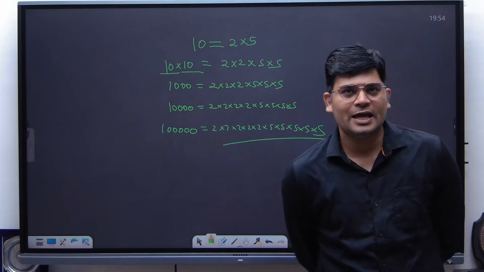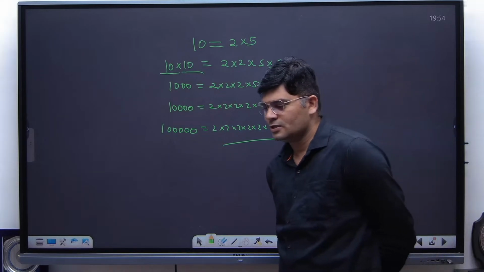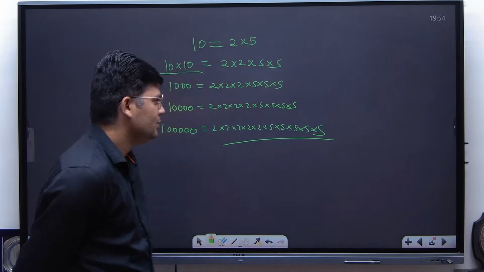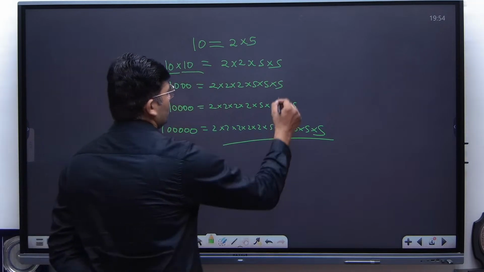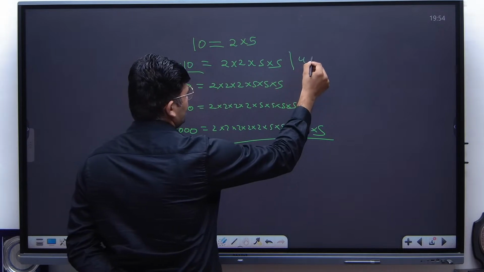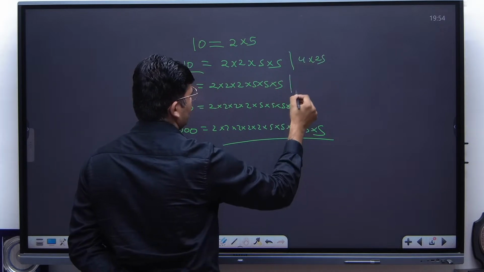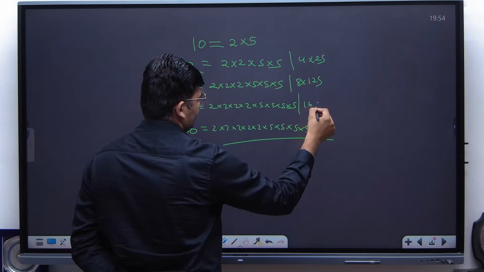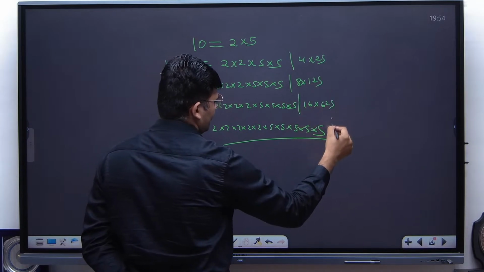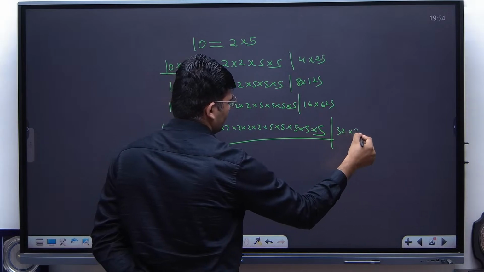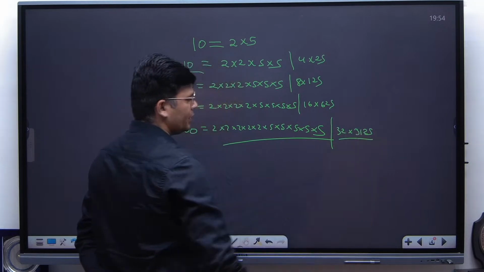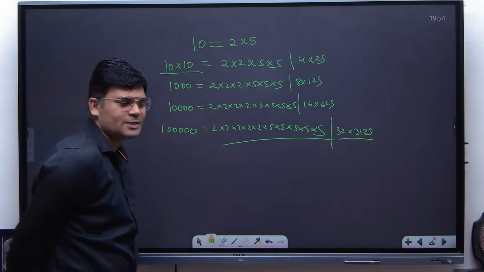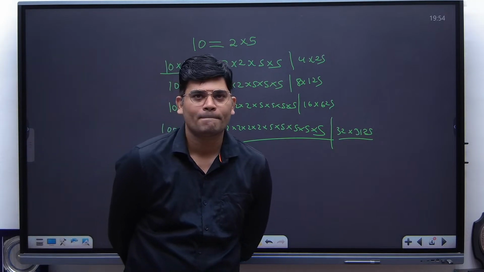And then I will make you understand some of the tables, make you not only understand but also learn the tables as well. Some basic tables we need to know. The table is 4 into 25, 8 into 125, 16 into 625, 32 into 3125. You know what are exponents? Yes.